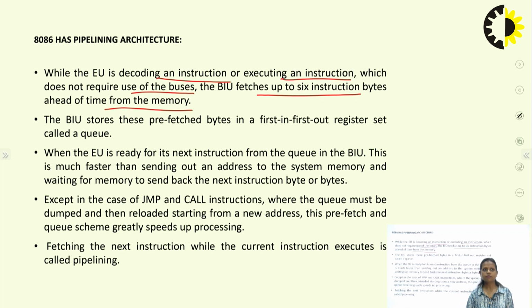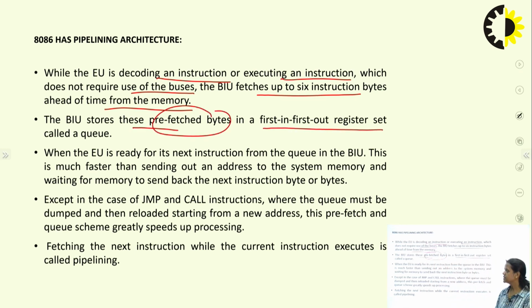So the buses are free. When the buses are free, what does the bus interface unit do? It fetches the next instructions, right? The bus interface unit stores these prefetched bytes in the first in first out register set called a queue.